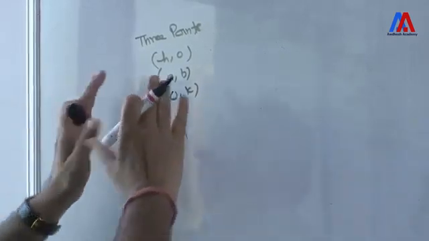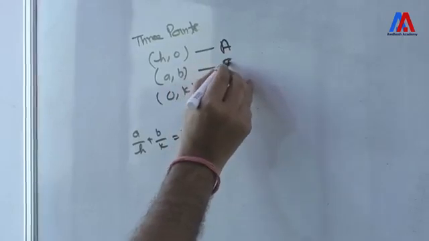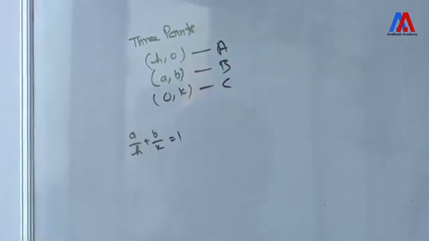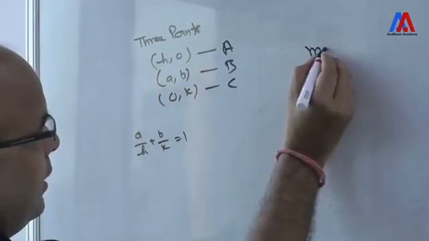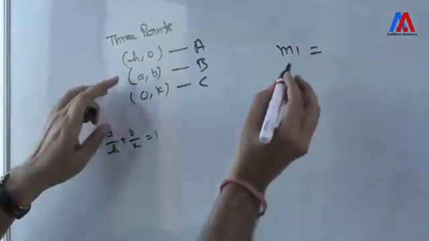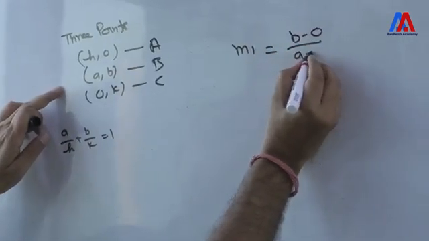So let us find out the slope, say this first point A, this second point B, and the third point C. Then let us find the slope of AB and call it M1. It will be equal to b minus 0 divided by a minus h.